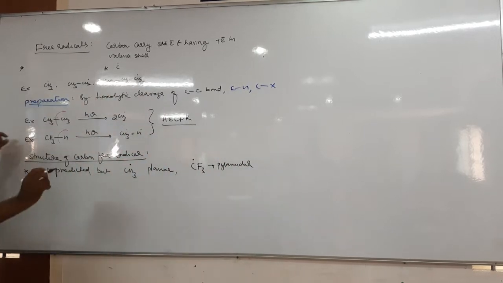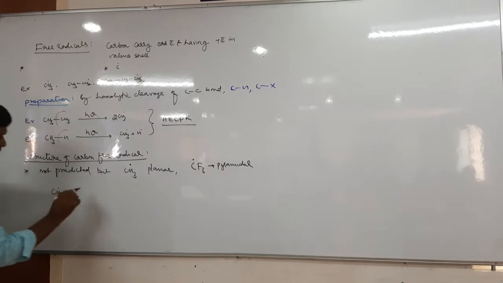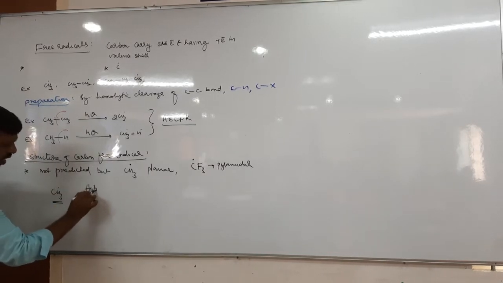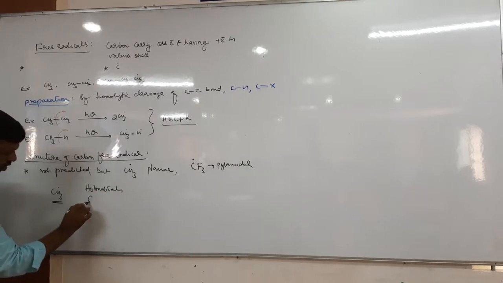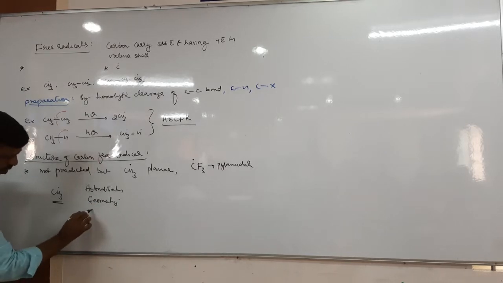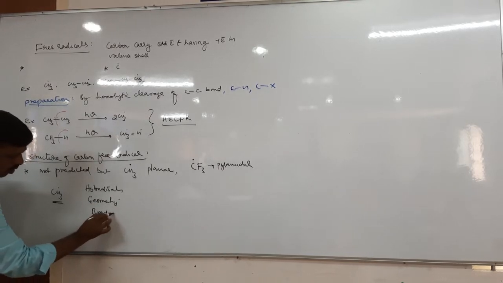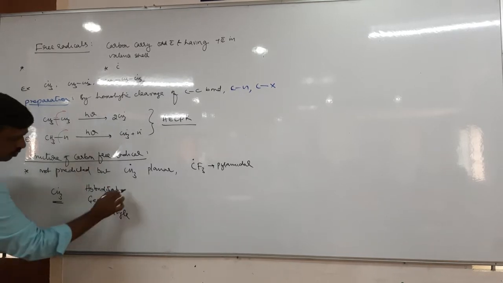Okay, so let's see first the methyl free radical or similar radicals like ethyl. So here, what is the hybridization, what is the geometry, and the bond angle? Tell me.